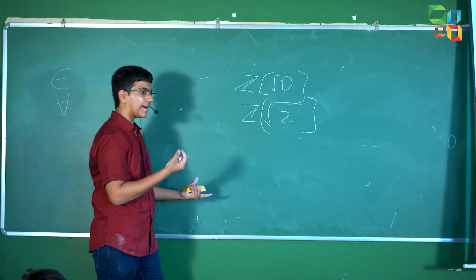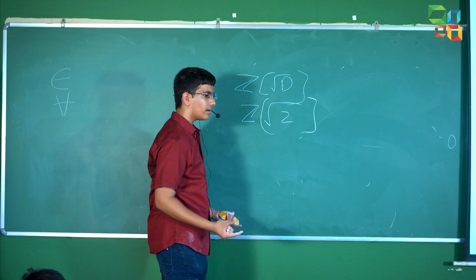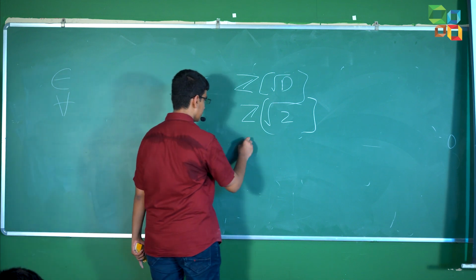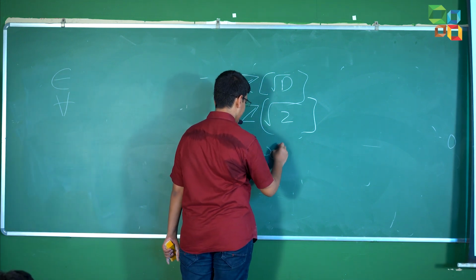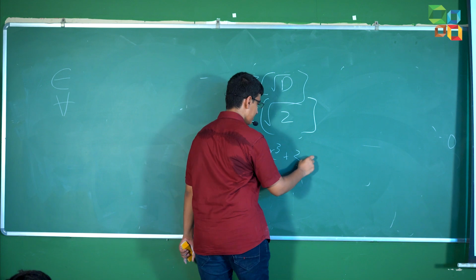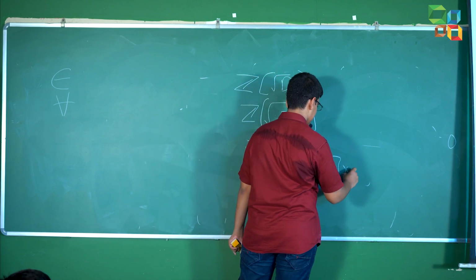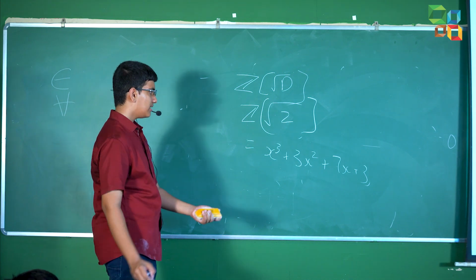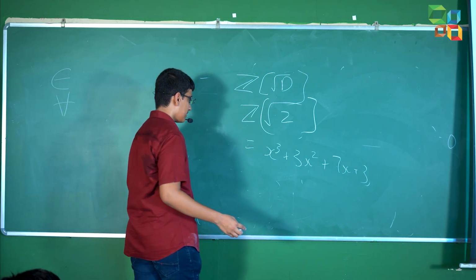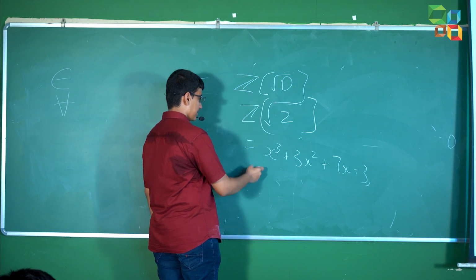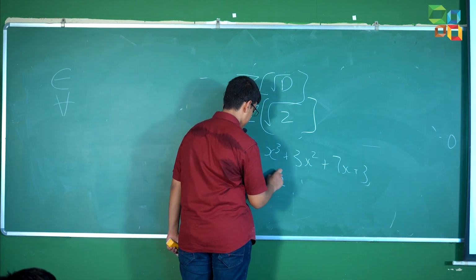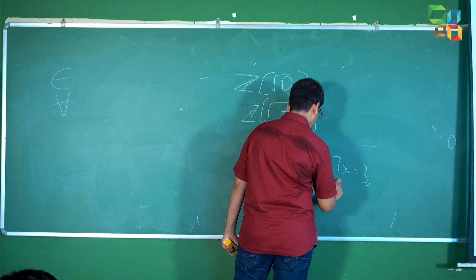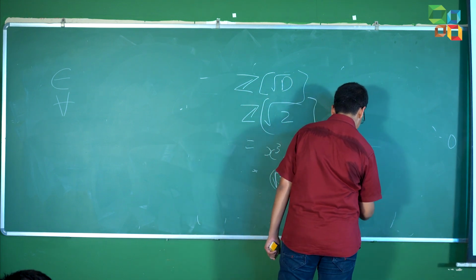What this is again, you take a polynomial and instead of x you put in root 2. So x cubed plus 3x squared plus 7x plus 3, whatever. It's a random polynomial. It can be of any degree, anything. You plug in root 2 here: root 2 cubed plus 3 into root 2 squared plus 7 root 2 plus 3.